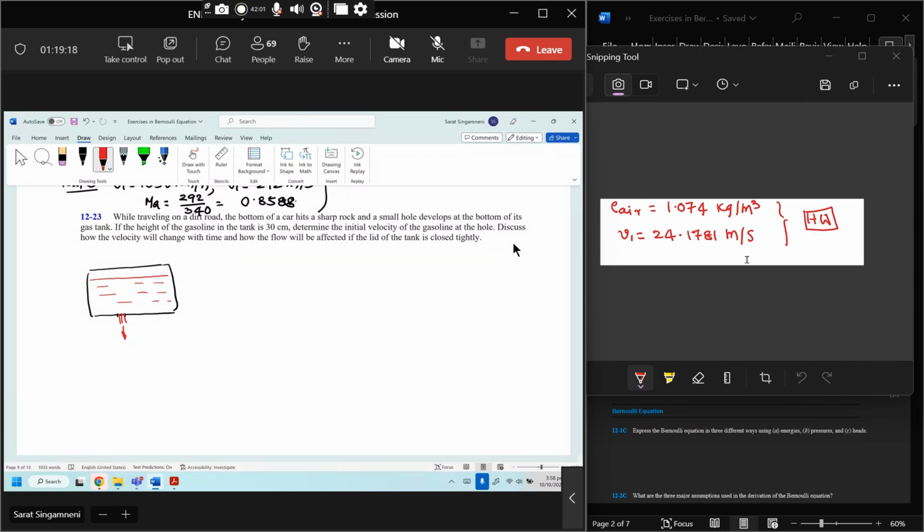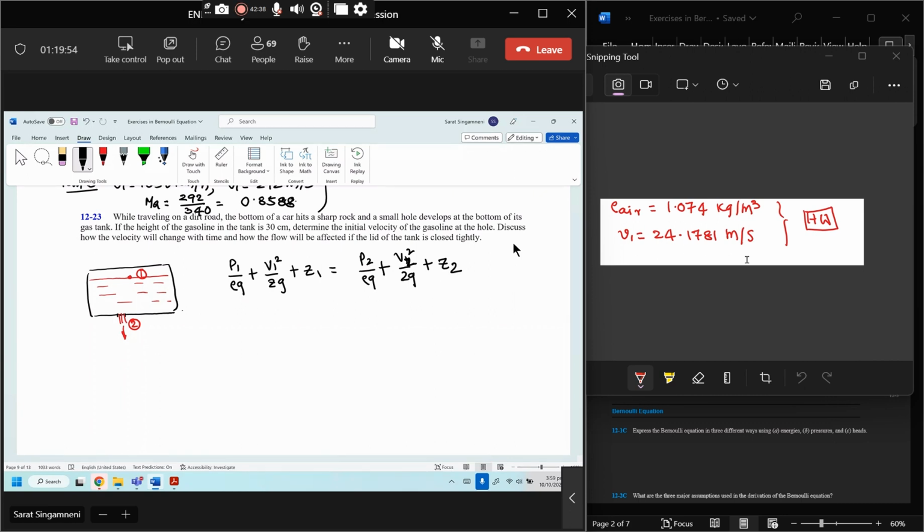We will take this point as 1 on the surface and the outlet as 2, and we will apply the Bernoulli equation in this form: P1 over rho g plus V1 squared over 2g plus Z1 equal to P2 over rho g plus V2 squared over 2g plus Z2.